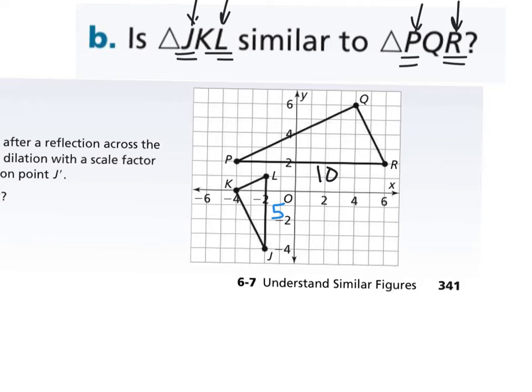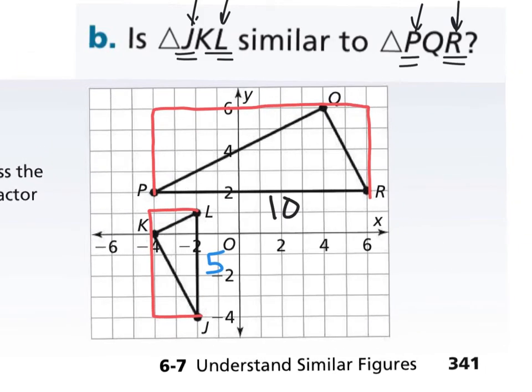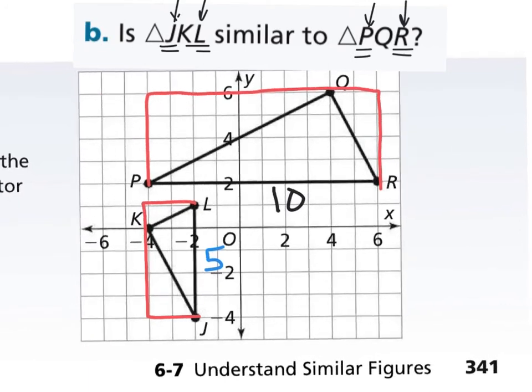Going the other direction, we don't have a straight side, but we can kind of box these in. We can create rectangles here, and then compare our dimensions the other way.